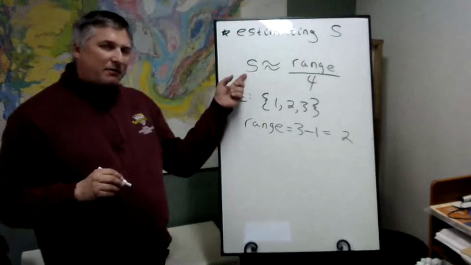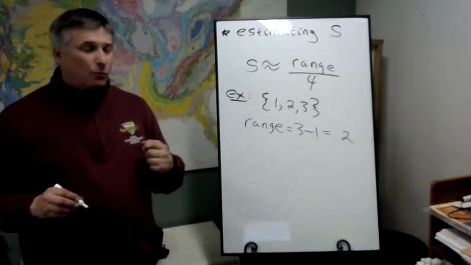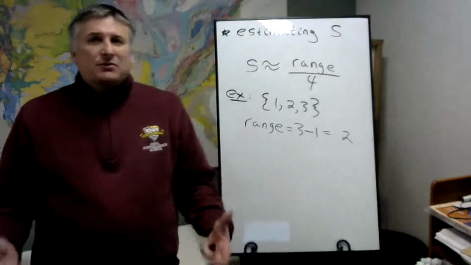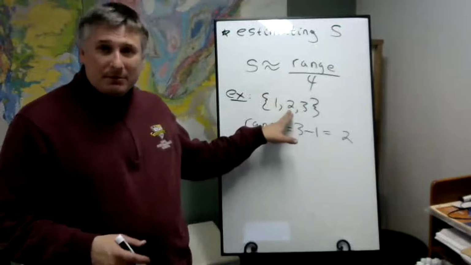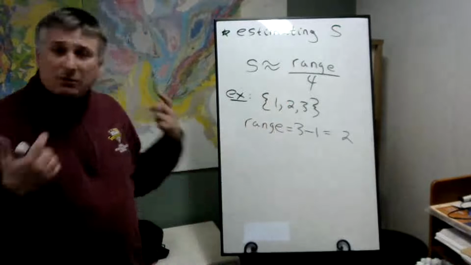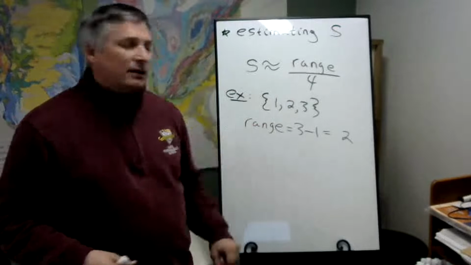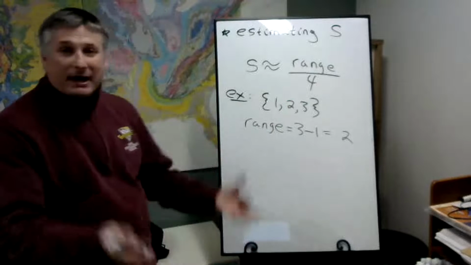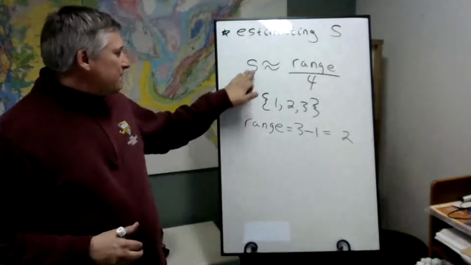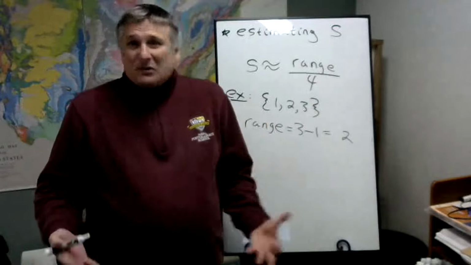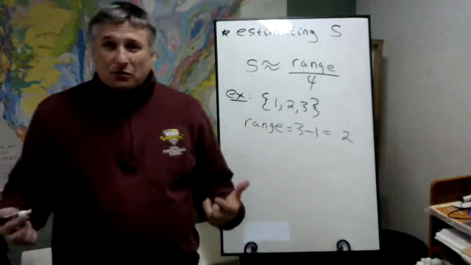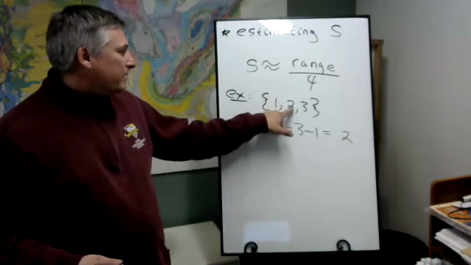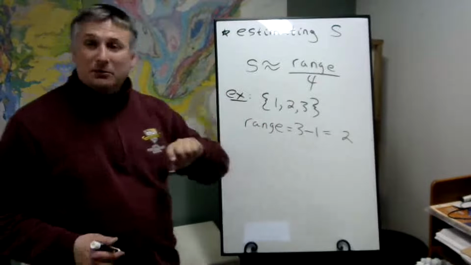Now, remember, when we calculated this using the formula, we got an answer of 1, which kind of makes sense. The reason being, again, S measures deviation from the mean, which turned out to be 2. And we got an answer of 1. This is 1 unit away from 2, and this one's 1 unit away from 2.